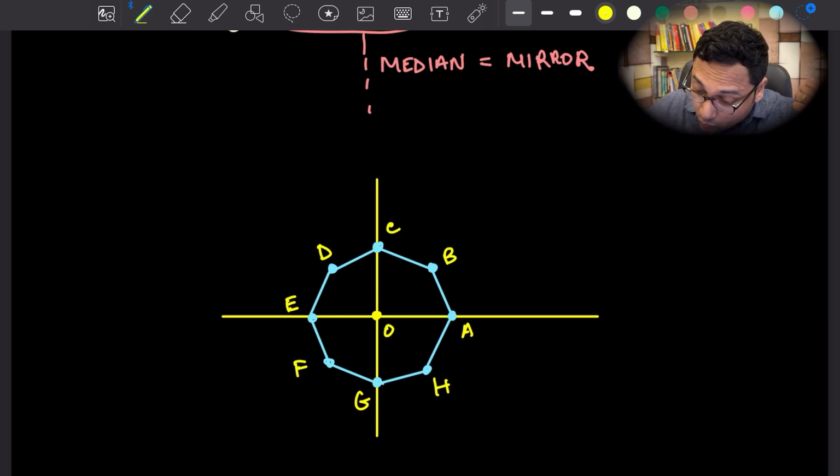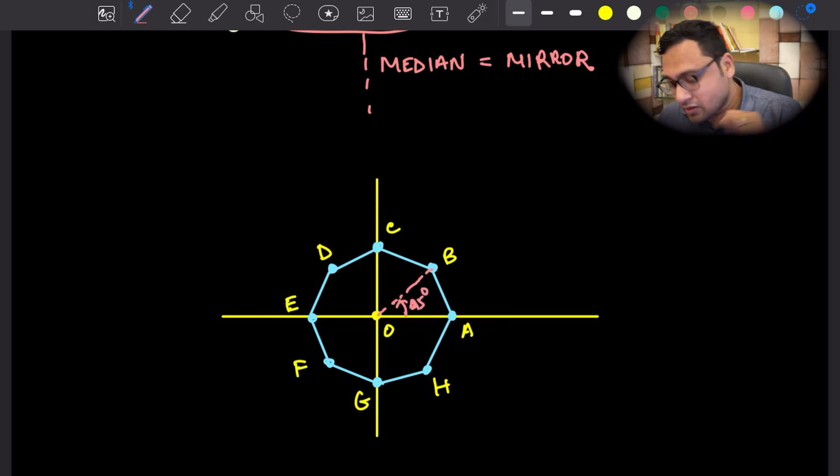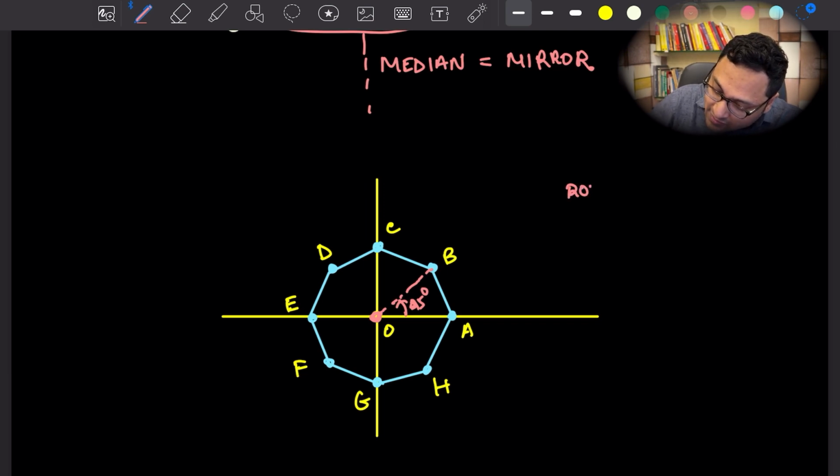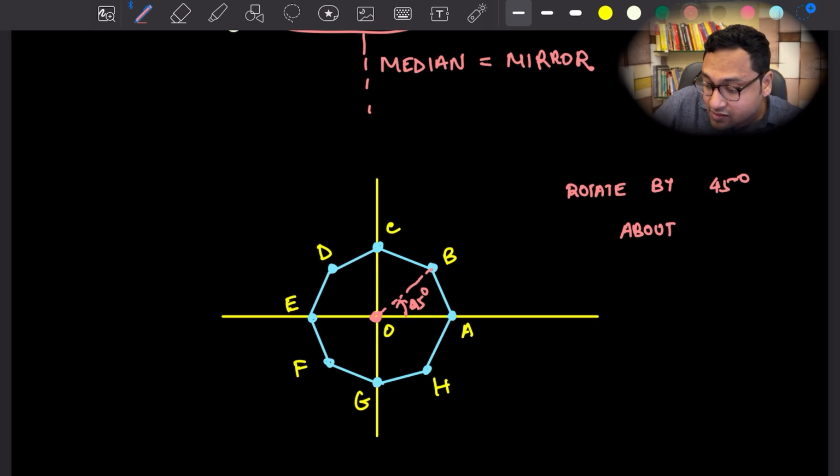Well, one example is you rotate by 45 degrees. You rotate the octagon by 45 degrees about the center O.